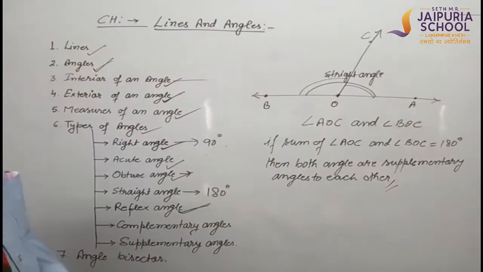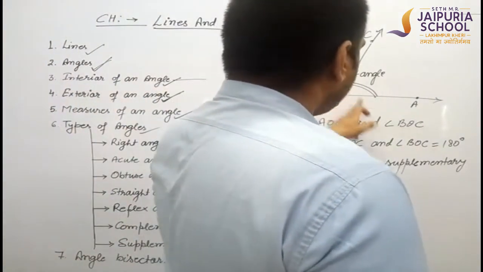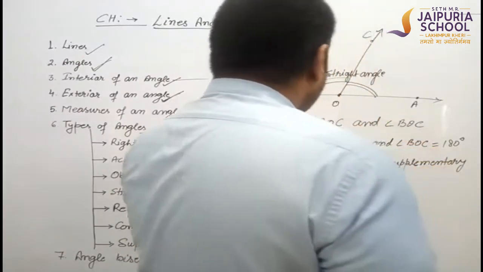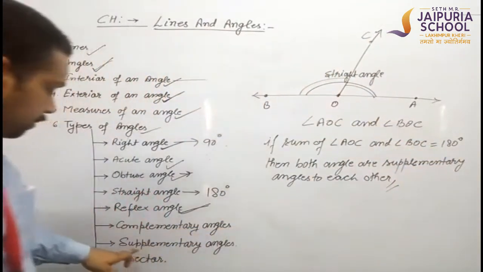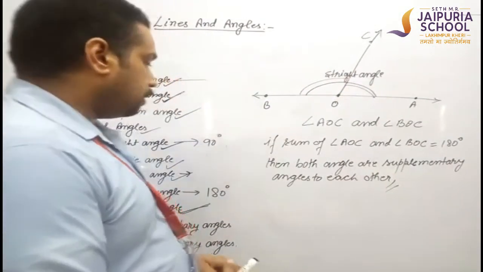So what is the condition? The condition is that their sum is equal to 180 degree. If the sum is equal to 180 degree, then they are called supplementary angles to each other. If one of the angles is given, then you can find the other angle also.